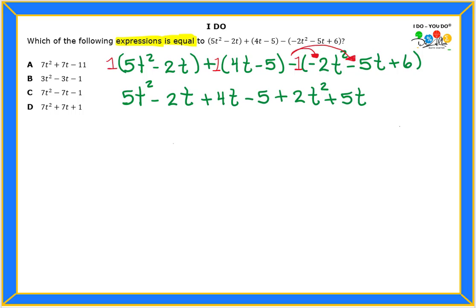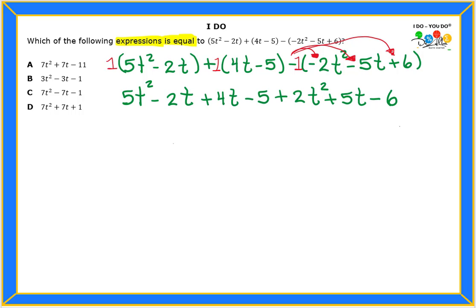Is that right? And the last one will be negative 1 times a positive 6, which gives me a negative 6, which means I can write down a minus 6. So if you notice, everything that was inside the parentheses switched to the opposite, right? So that's the first thing that I want you to see.